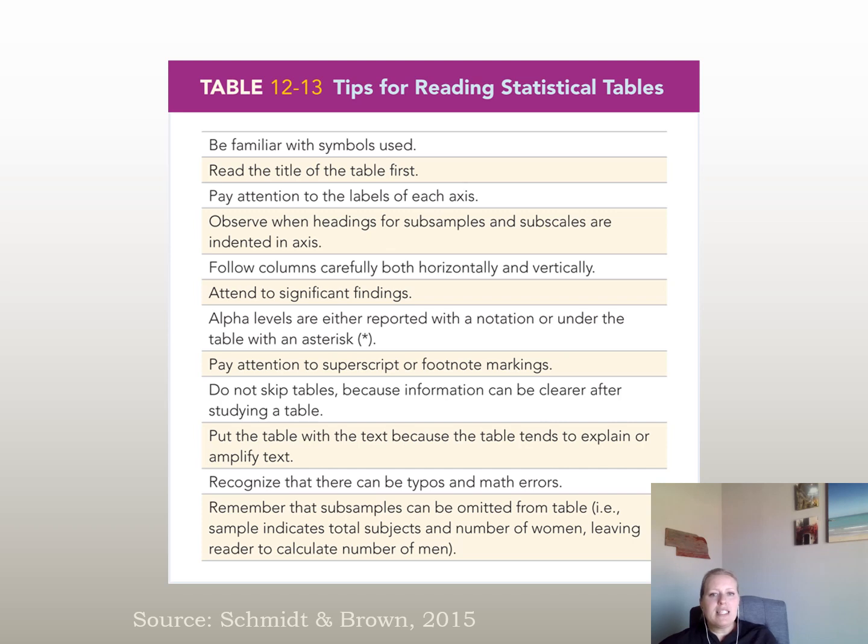So when you're reading statistical tables, you'll start to get used to the symbols used, like that N. N is sample. But read the title first. Pay attention to the axes, to the different footnotes that they use. A lot of times they tell us a table and a figure should be able to stand by themselves.